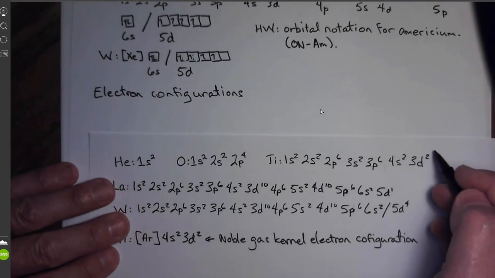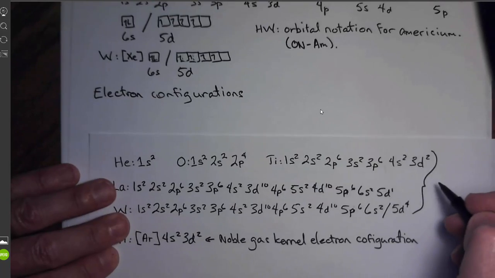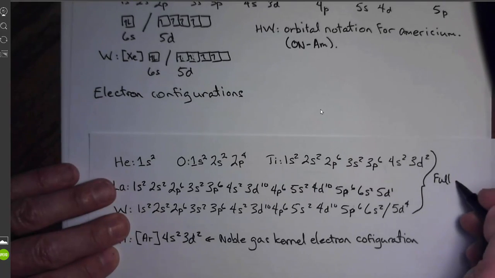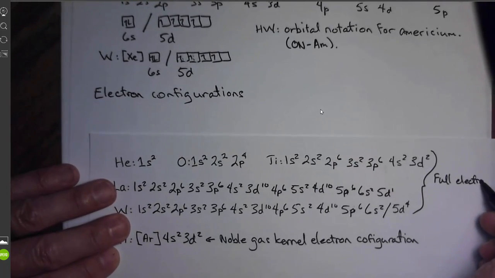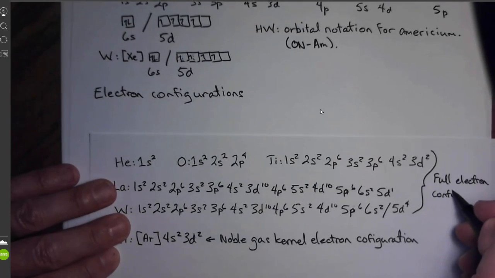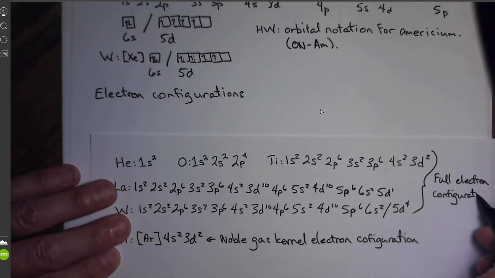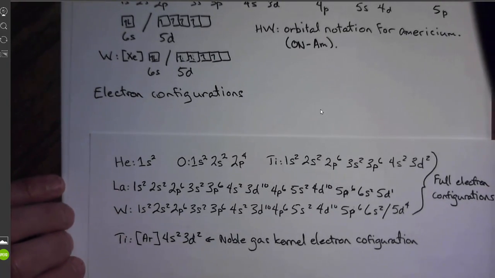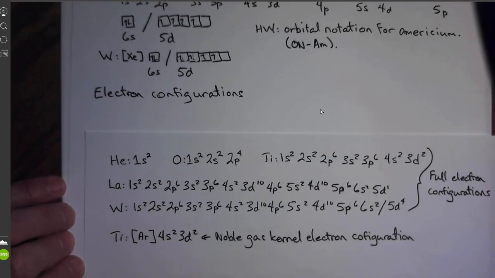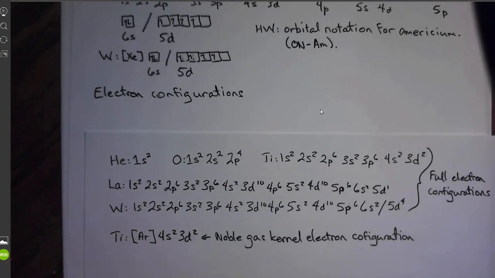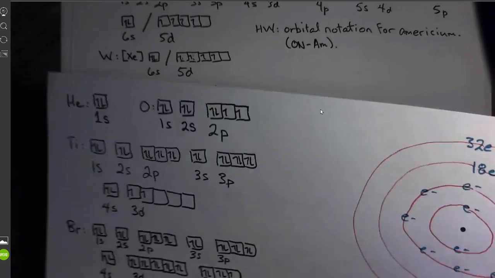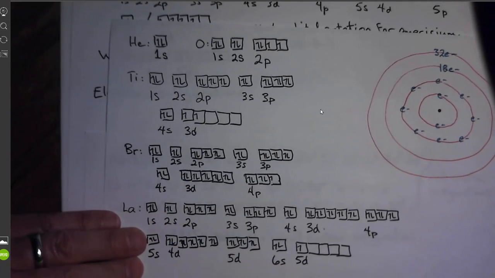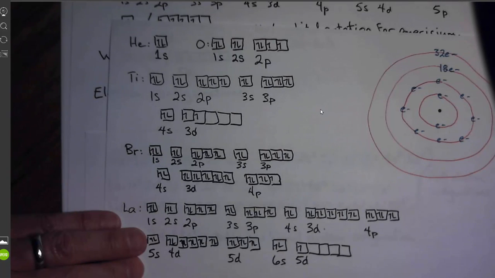And these are all examples of full electron configurations. Okay, so let's take bromine now and let you write a noble gas kernel electron configuration for bromine.